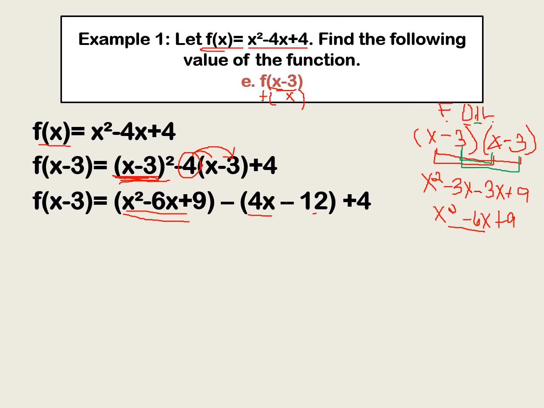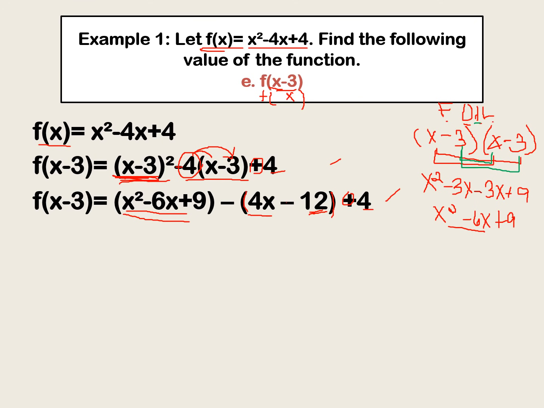Tama ba? 4 multiplied by negative 3, minus 12. Okay. Now, since linagyan ko po siya ng parentheses kasi ang negative na to para siya mismo dito sa kabuuan. Okay? Then, next, we have, copy lang ito, plus 4. Okay, plus 4.